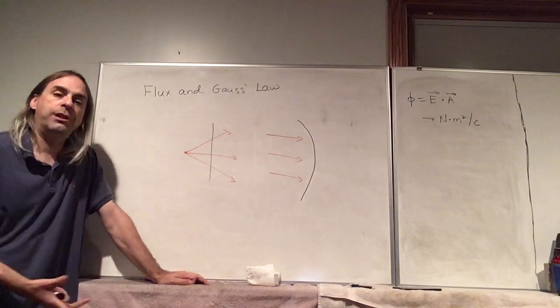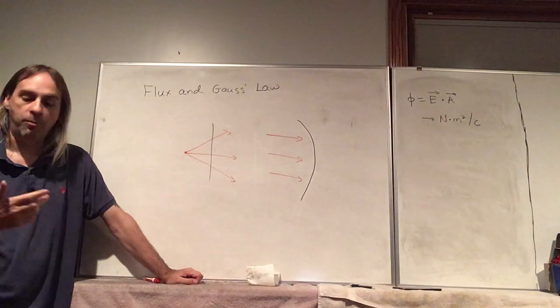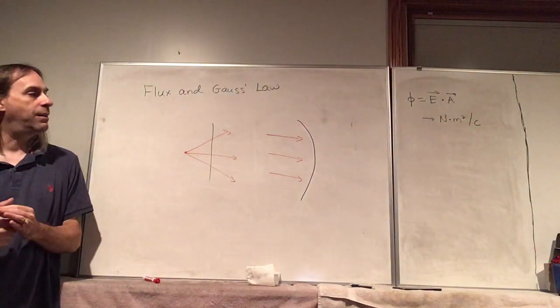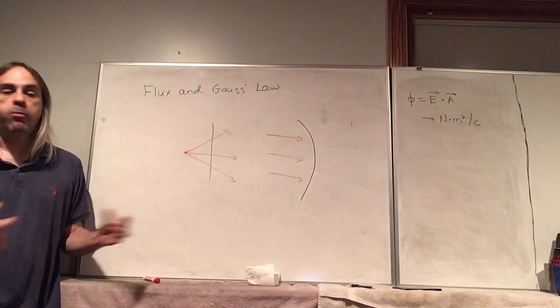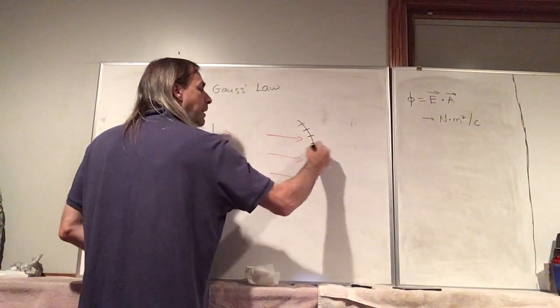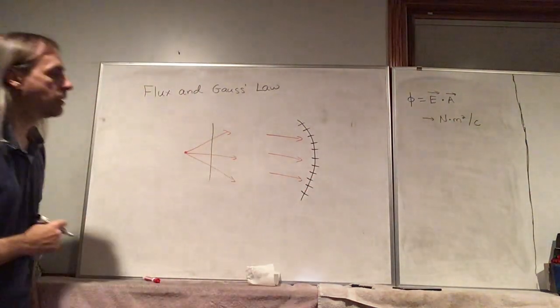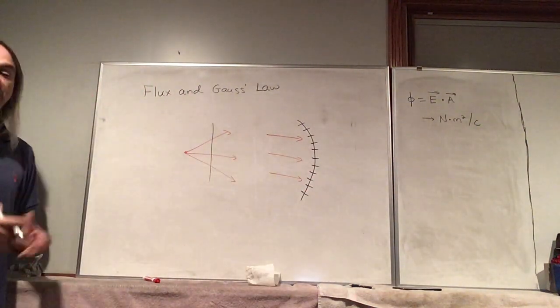And so the solution to that is we break up our surface into small pieces. If you have any reasonable surface, if you break it up into small enough pieces, each piece is essentially flat. Just like the Earth, we have a curved surface.